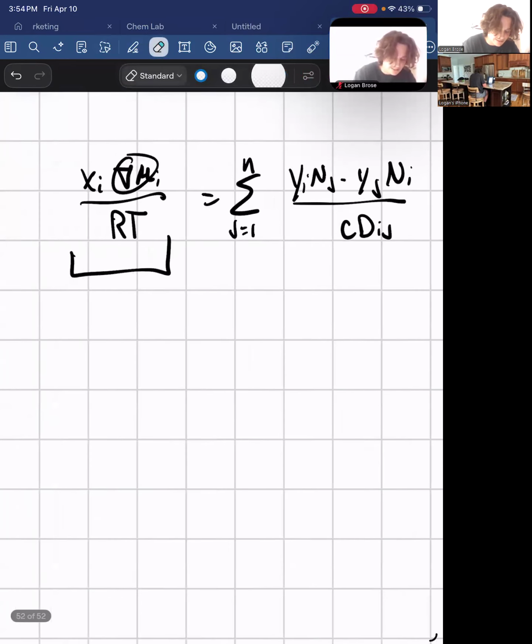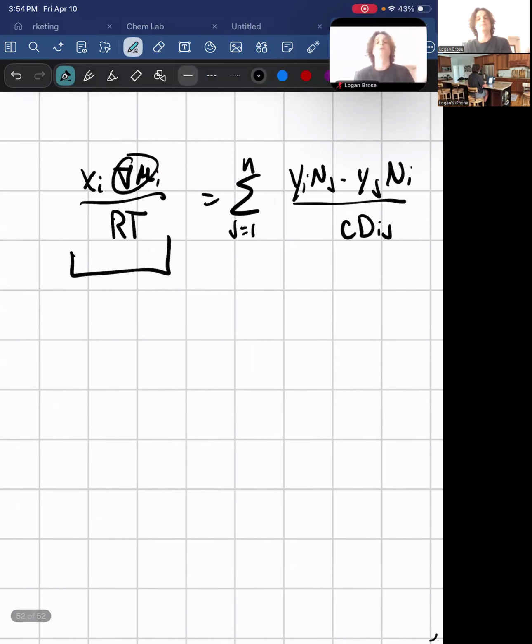What we're looking at here is this chemical potential. In this scenario, we're going to look at where the gradient of the chemical potential is equal to the gradient of the chemical potential at standard state. That little circle up there represents standard state.